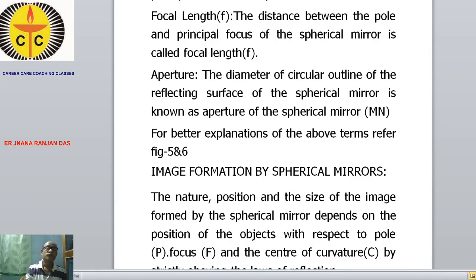Then we will come to how images are formed. We will discuss reflection through a spherical mirror.